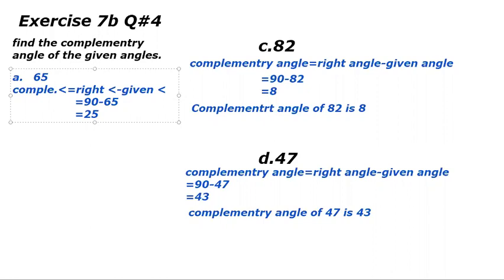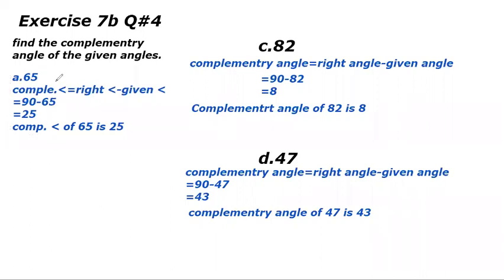In the last line we will write that the complementary angle of 65 degrees is 25 degrees because the sum of 65 and 25 is 90 degrees. Now I will mark the degree signs: 65 degrees, 90 degrees, 65 degrees, 25 degrees.